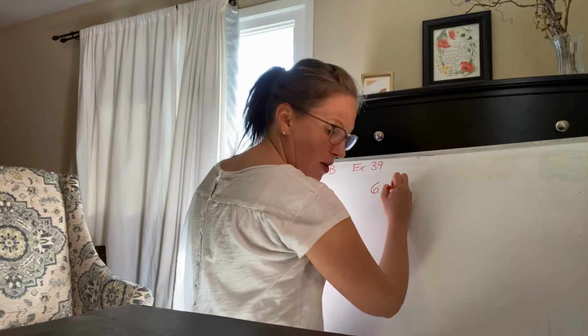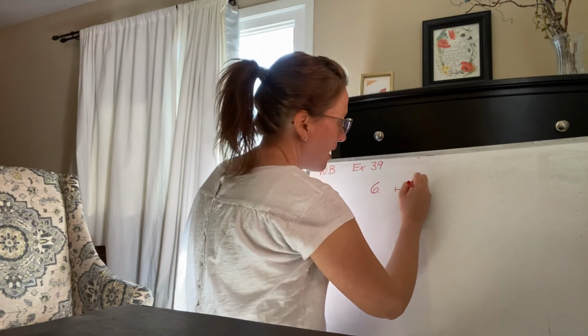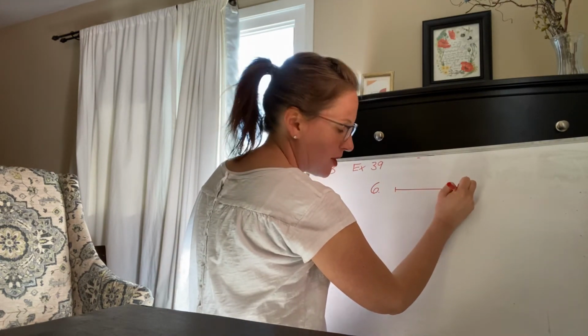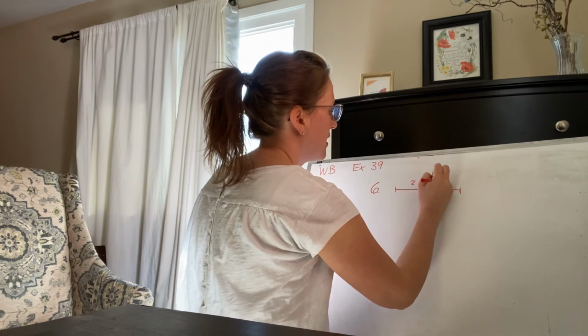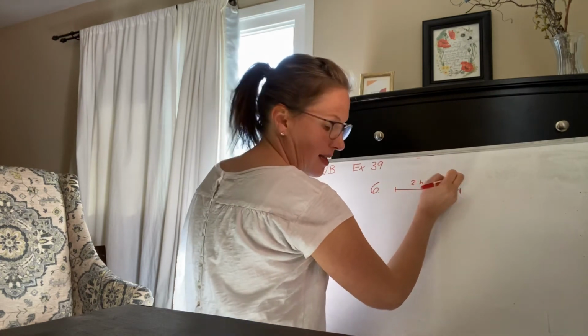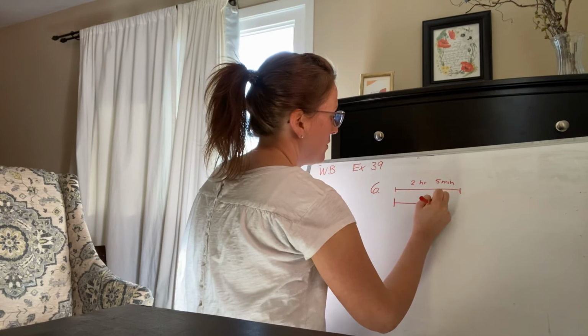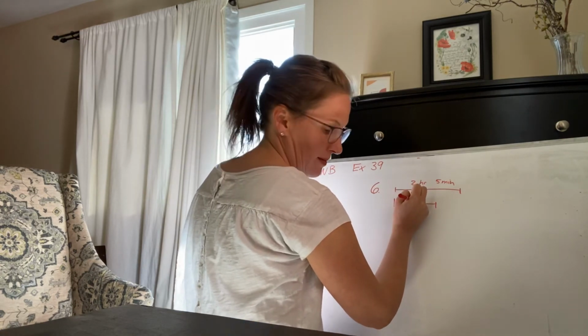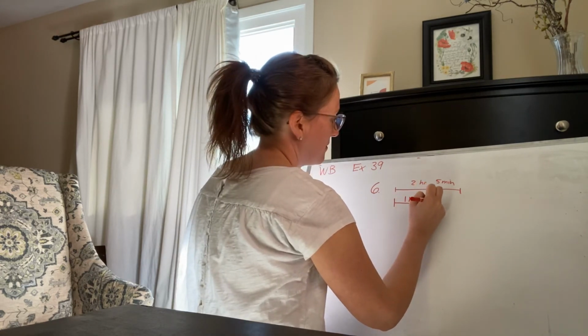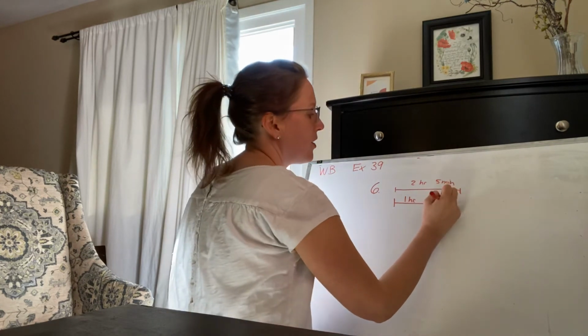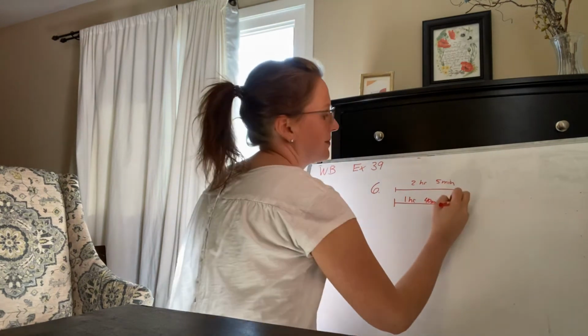So let's go ahead and mark off that Adam took 2 hours and 5 minutes. And then we're going to mark James's time, which is going to be 1 hour and 40 minutes. We want to know the difference.